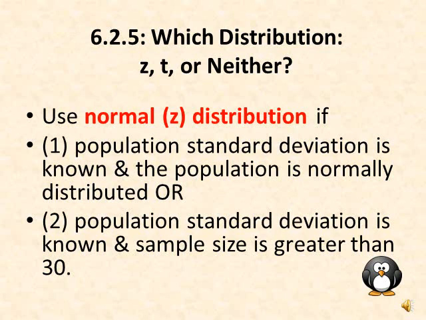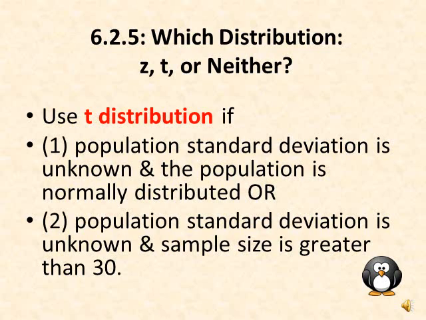Use the normal Z distribution if the population standard deviation is known and the population is normally distributed, or the population standard deviation is known and sample size is greater than 30.